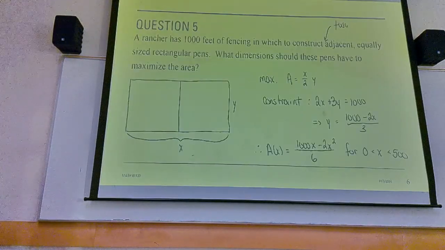Uh, 500 minus 2x. I got that by very easy. How did you get 500 minus 2x?